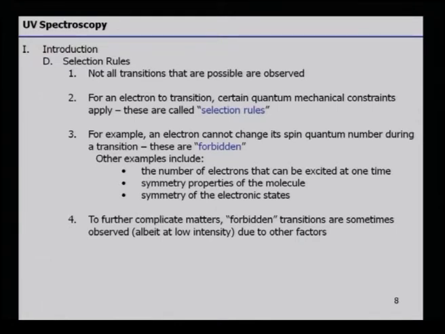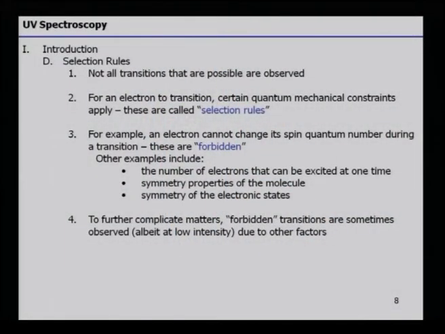All these have to be kept in mind when we are looking at the possible allowed transitions of the electron from the bonding molecular orbital to antibonding molecular orbitals. To further complicate matters, forbidden transitions are sometimes observed due to other factors, but this happens only under very special conditions, not normally.